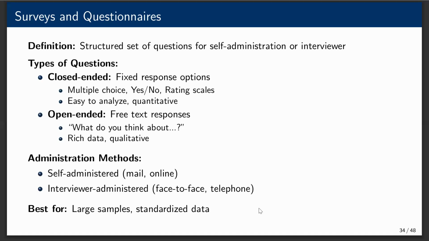And open-ended questions are basically free-text responses, for example, what do you think about? It is rich in data and qualitative. Administration methods are self-administered, for example mail or online, or interviewer-administered, face-to-face or telephone. It is best for large samples and standardized data.